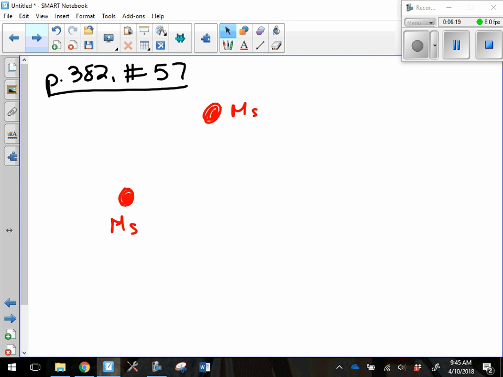It's that they orbit their common center of mass. And for two objects that have equal mass, their center of mass is in the middle. Okay, so both of these objects are orbiting around this imaginary point in the middle.